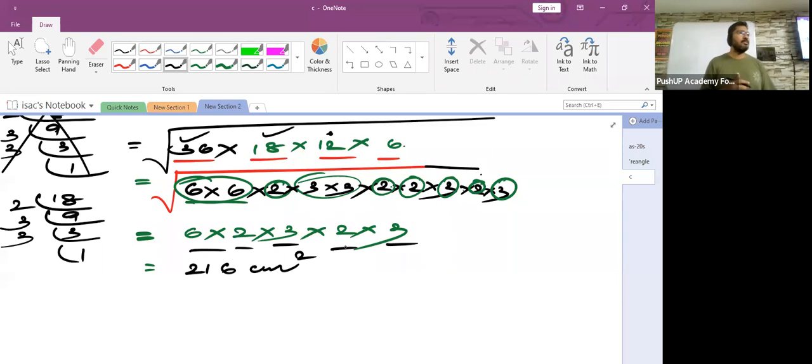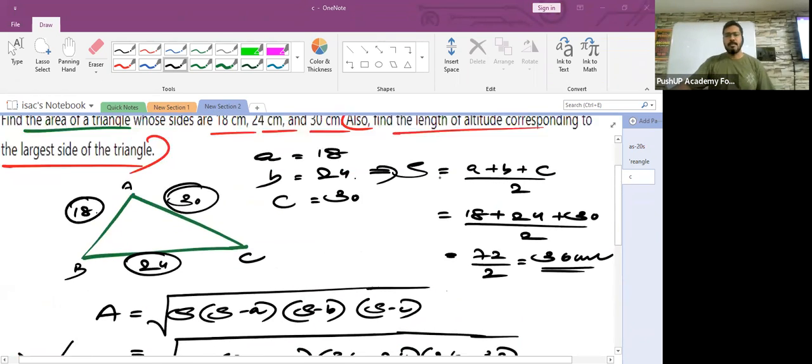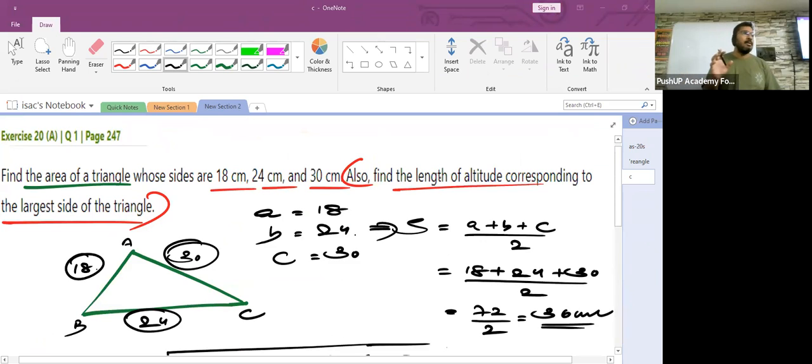So everyone got 216. That's right. Sonia, how much you got? 216. Here also Pooja, Animesh, Aaron, Albi, very good. 216 centimeters square.